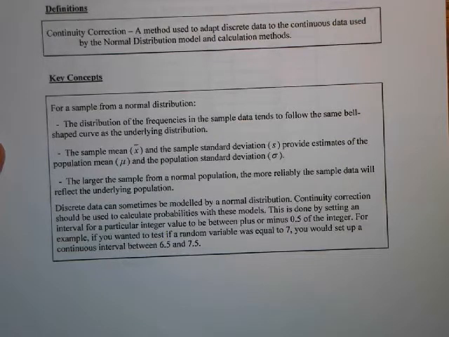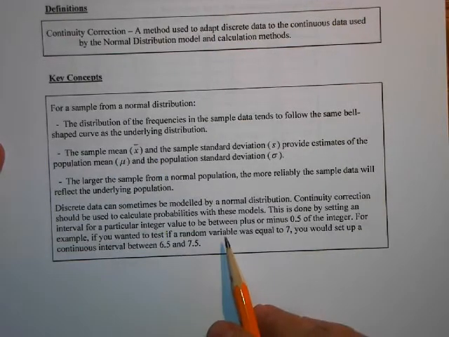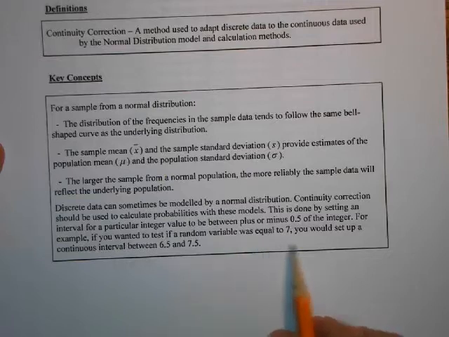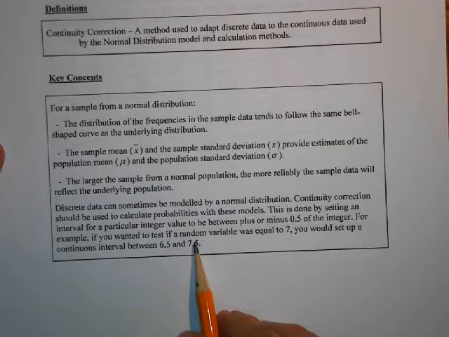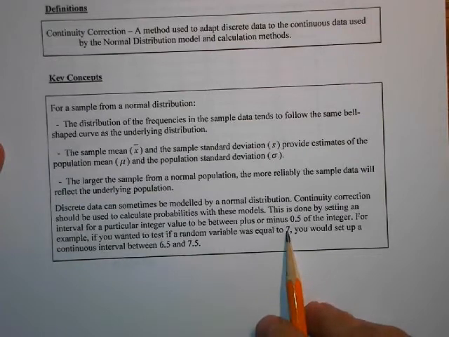But what we do is an approximation, a correction. So for example, if you wanted to test if a random variable is equal to 7, x equals 7, well, you can't do that. You can't test the probability of x equals 7. That doesn't work with a normal distribution.